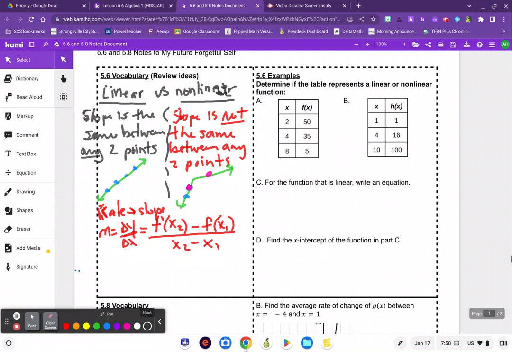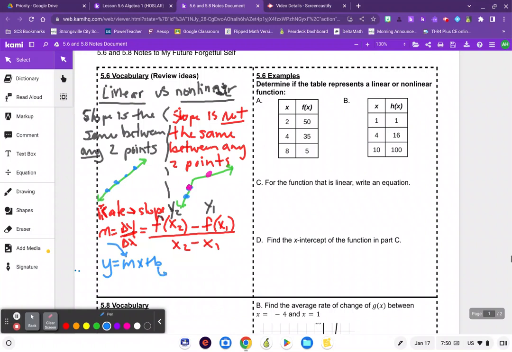And remember that this notation, this f of x sub 2 is just the same as saying y sub 2, and f of x sub 1 is the same as saying y sub 1. That just means that I'm finding the output at the second x coordinate and the output at the first x coordinate. The other thing that we need to remember is the equation of a line is that y equals mx plus b. M is my slope.